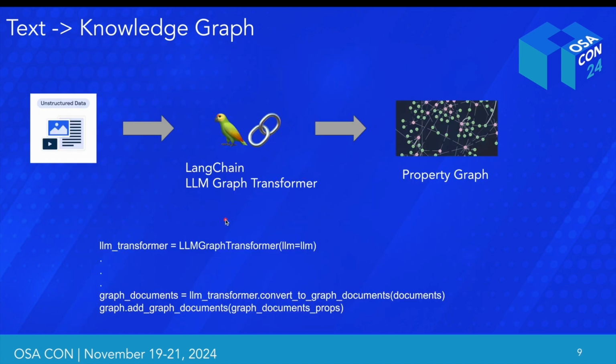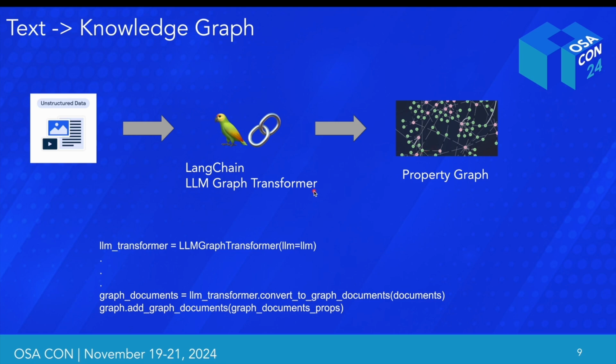So in this slide, take an example from the popular LLM orchestration framework LangChain. The LLM graph transformer from LangChain converts unstructured documents like PDFs, text documents, etc., to graph relationships using an LLM with a few-shot prompting strategy. This auto-extracted graph can then be stored in graph databases like Neo4j.